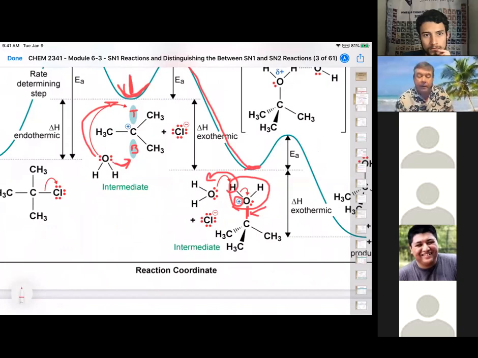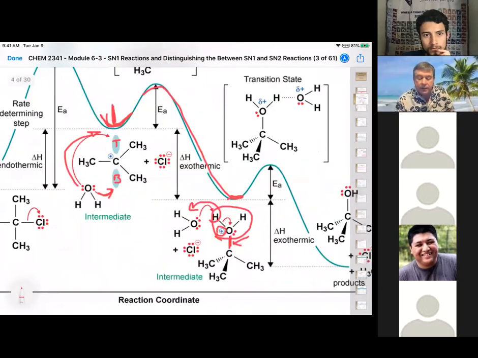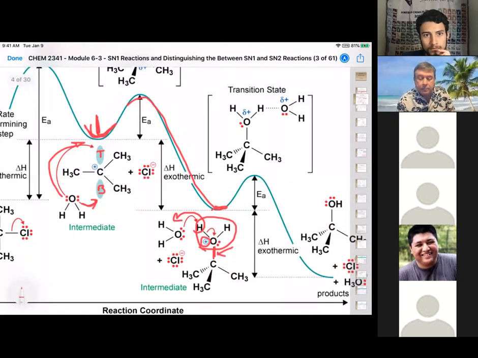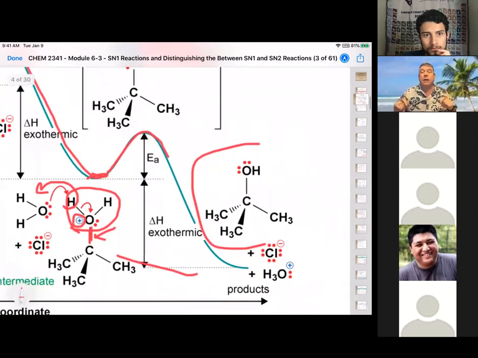And when we do that, that's that next energy transition, getting this base to come in here and start to pull that hydrogen off, is this last activation energy. And once this leaves, we end up with our neutral molecule at the end. And that neutral molecule is our product. Okay.